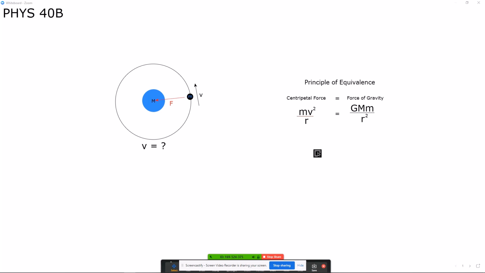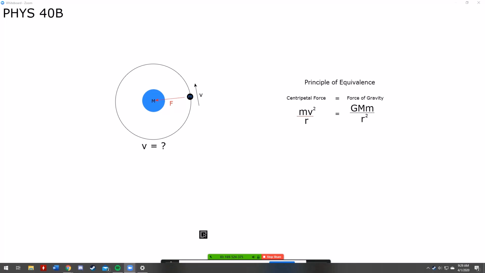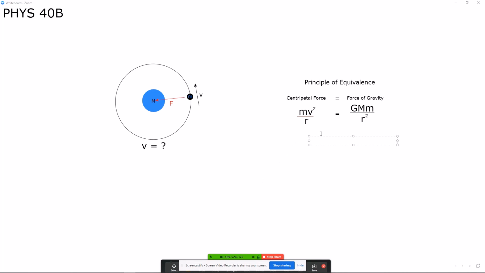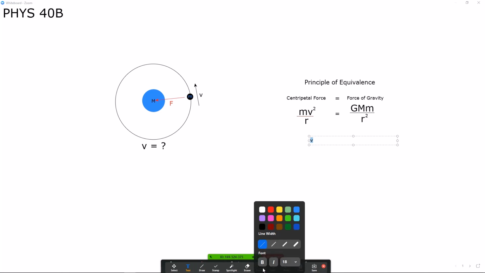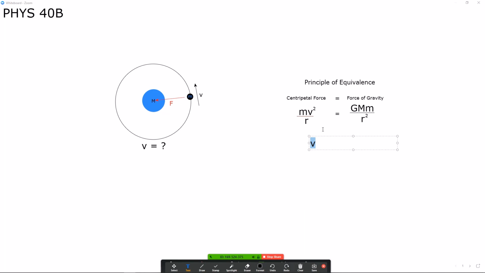So where we get is that v equals the square root of G M divided by r.